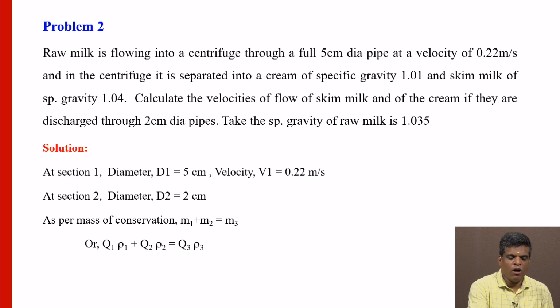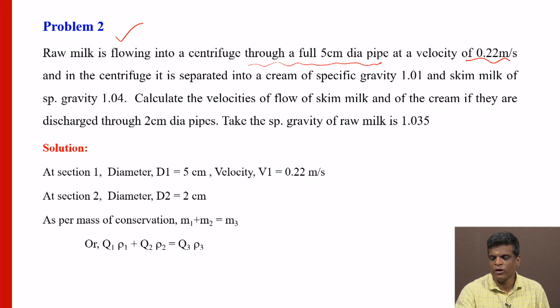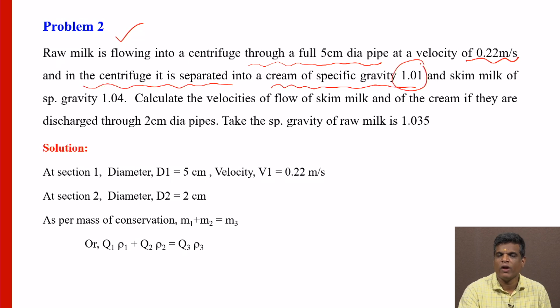Another example: raw milk is flowing into a centrifuge through a 5 centimeter diameter pipe with velocity 0.22 meter per second. In the centrifuge it is separated into cream of specific gravity 1.01 and skim milk of specific gravity 1.04.